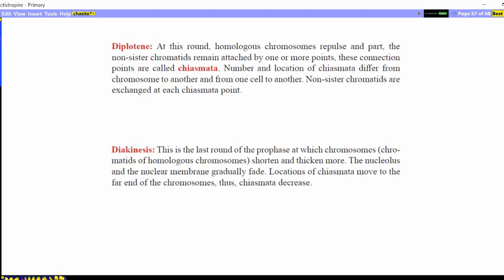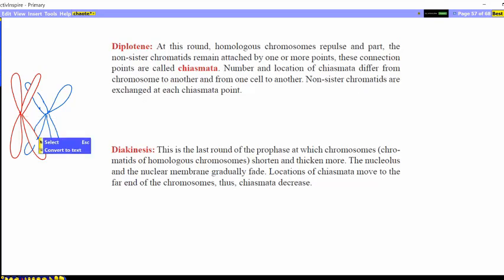The non-sister chromatids remain attached at 1 or more points. These connection points are called chiasmata. You remember in the previous one we drew chromosomes like this, and we said at some points these chromosomes were connected to one another.